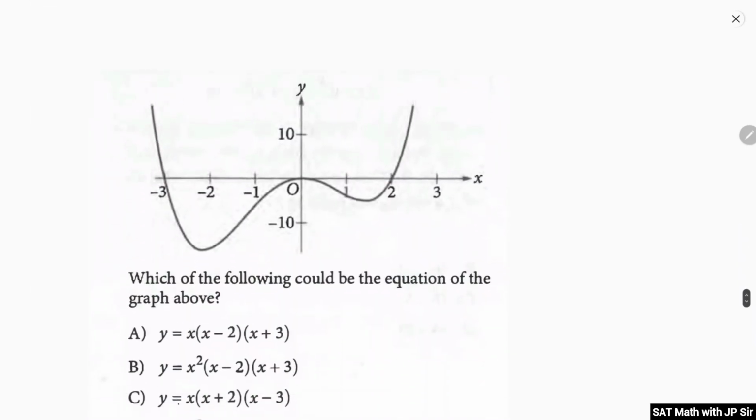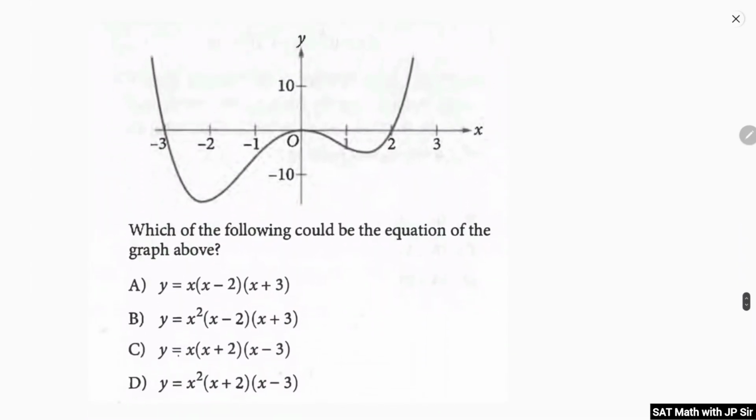Now come to this question that was asked in the beginning of this video. Now what do you think? First of all, intercepts. Clearly you can see x is equal to -3, 0, 2. So where do we see these intercepts?